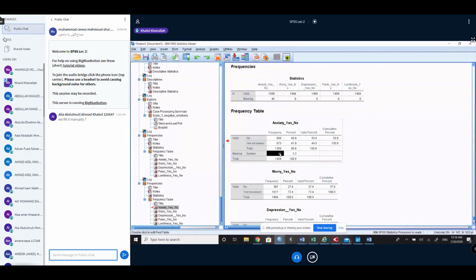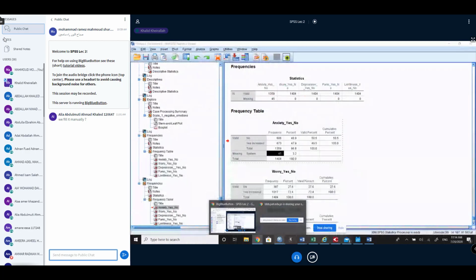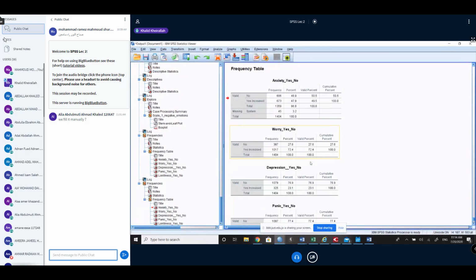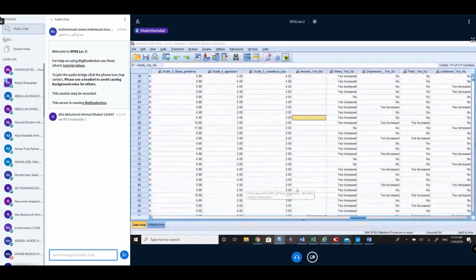Now, avoiding missing values is through online surveys. Online surveys, you have to answer all the questions. So with this question, anxiety, let's go back and undo it actually.